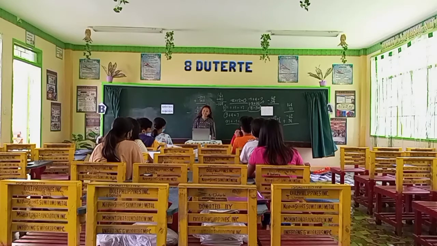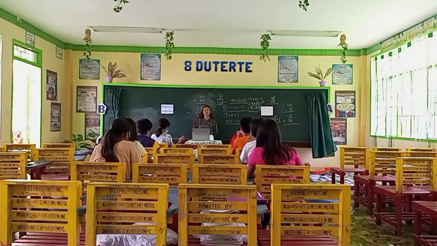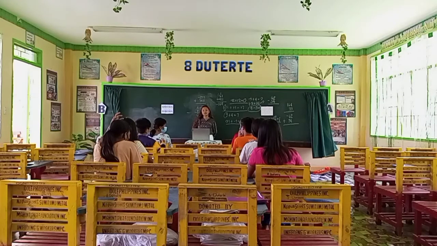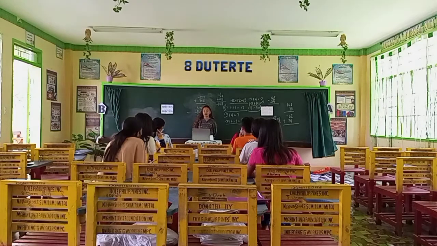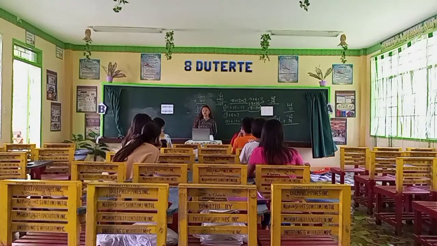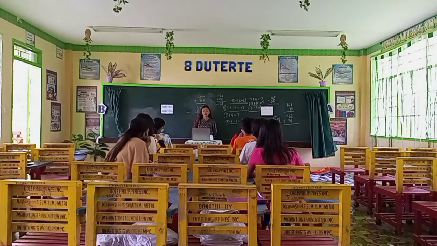For your assignment, you are going to find your pair and create a minimum of 2 minutes video presentation regarding our lesson for today. The video must consist of creativity, your chosen concept, and your learnings.